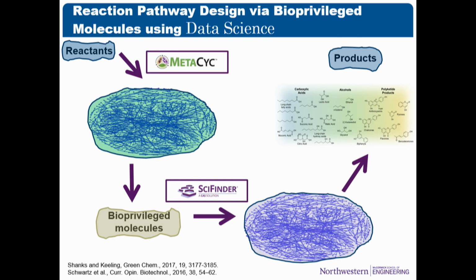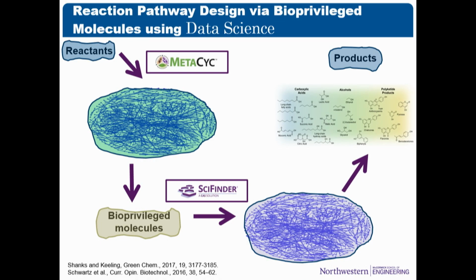The concept, as Brent Shanks espouses, is that nature is good at doing some things, so it will make certain molecules, but then chemical catalysis is good at doing other things very selectively. So can we find these bioprivileged molecules in the middle that we can then use chemical catalysis on to some product of interest?